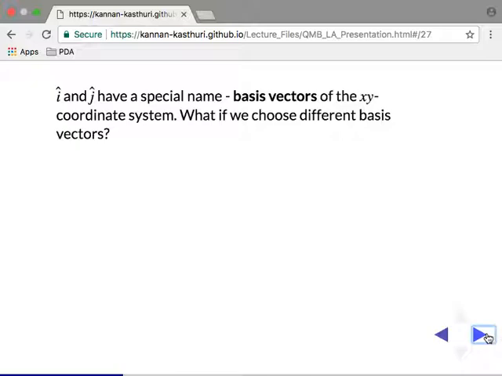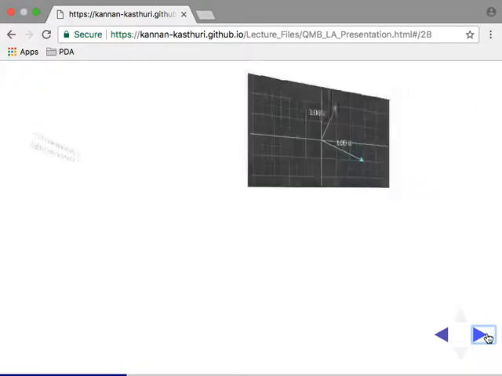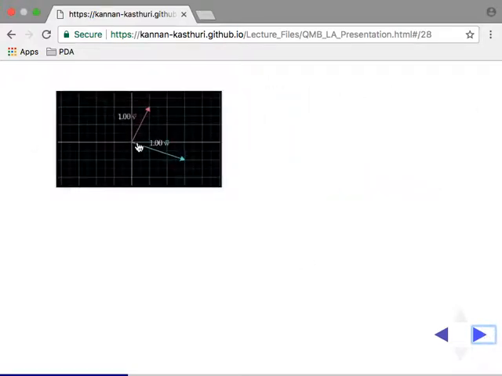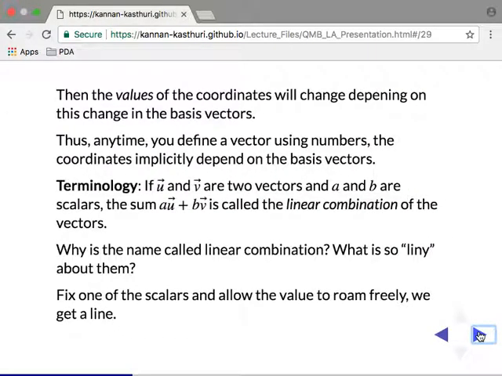So what if you choose different basis vectors? It need not always be perpendicular. You can choose some other basis vectors like this. Initially we chose i to be this and j to be this. Instead we can choose two completely different basis vectors. Who stops us from choosing that? In that case, the values of the coordinates will change depending on the basis vectors.